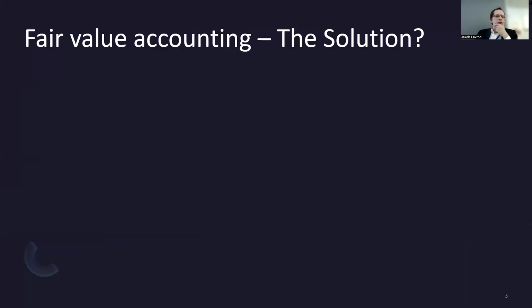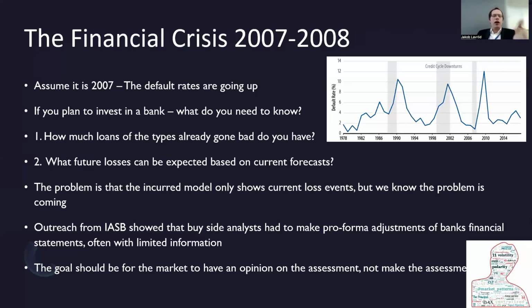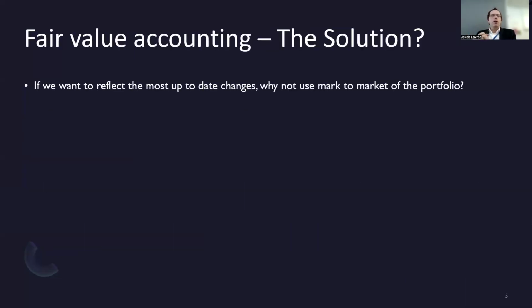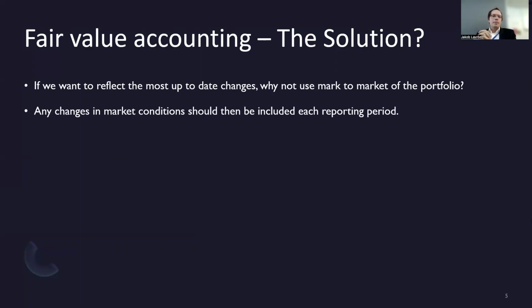So a solution that was floated was to say, I would like things to be more forward-looking. If you want to reflect the most up-to-date changes, why not use mark-to-market, so full fair value accounting? That would mean that any changes in market conditions would be included in each reporting period.